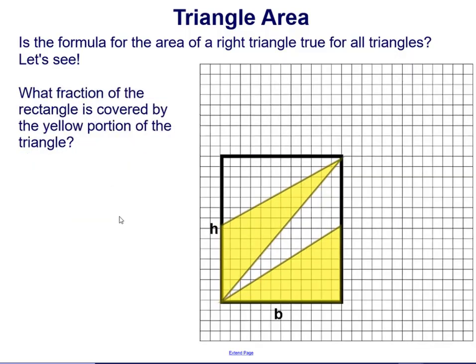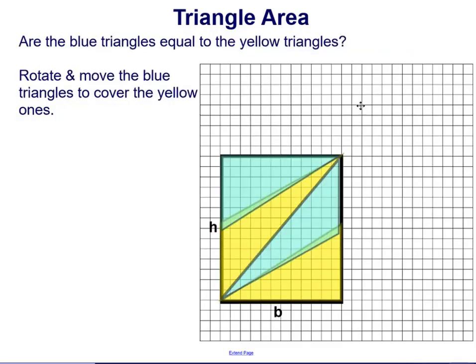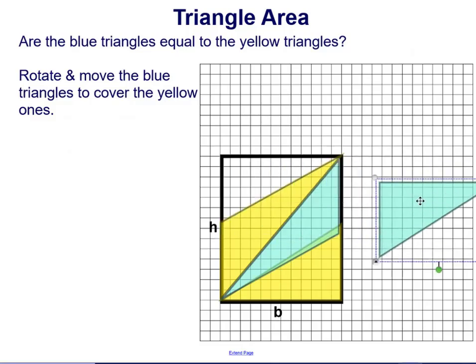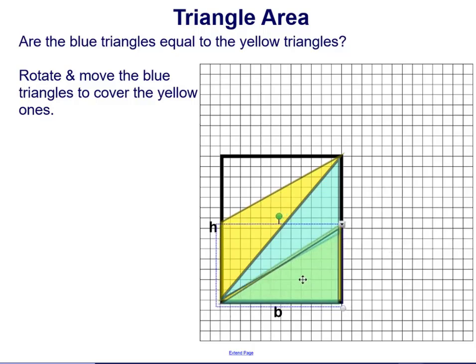So what fraction of the rectangle is covered by the yellow portion of the triangle? I've created two blue triangles to cover the space of the rectangle that was not covered by the yellow triangle. So now I can rotate these blue triangles and see if I can get them to cover the yellow triangles. So this blue can cover and is the same size as there.